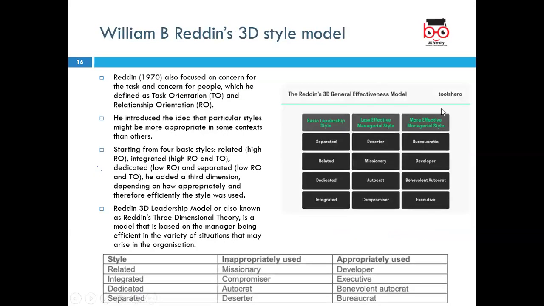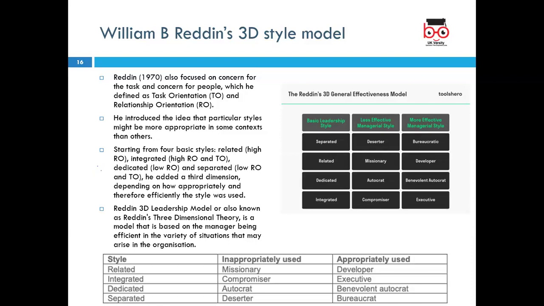Okay, so we've almost done with the presentation. So this is William J. Reddin's 3D style model, in which he focuses on concern for task and concern for people, which he defined as task orientation and relationship orientation.